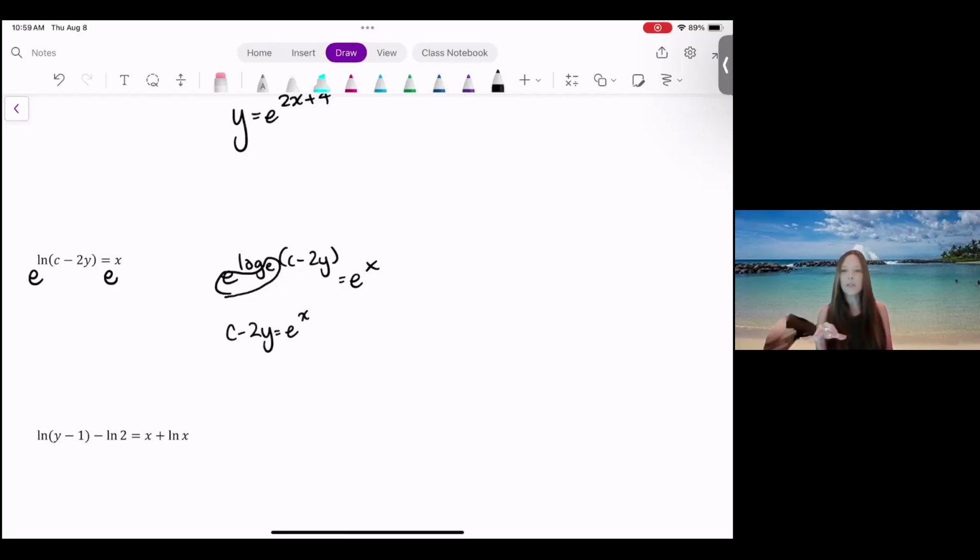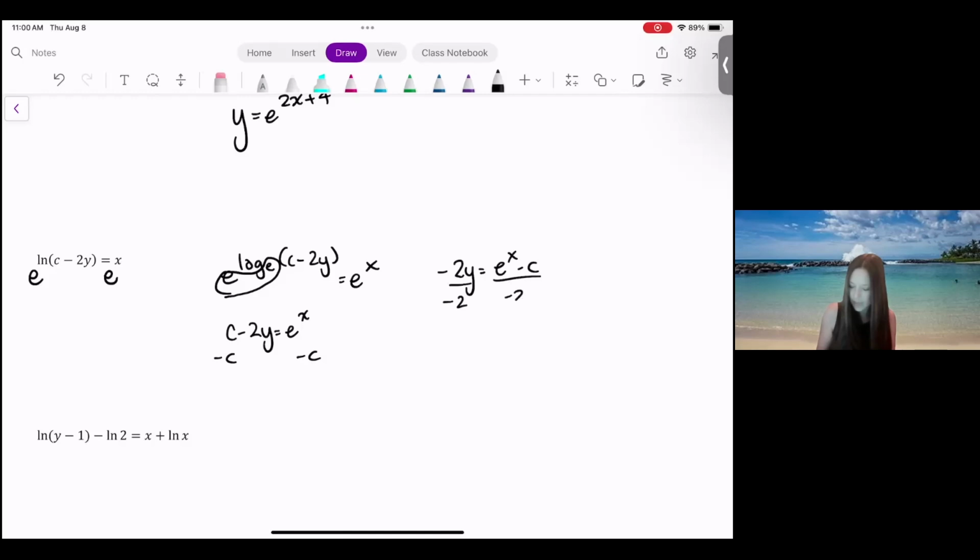I've not completely solved this equation. I do have y out of the exponent, which is good, but I need to isolate y still. So I need to subtract c from both sides, and then I'm going to divide by -2. If I subtract c from both sides, I have -2y equals e to the x minus c.